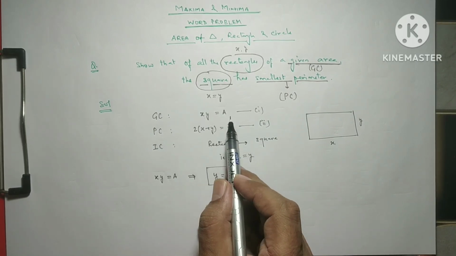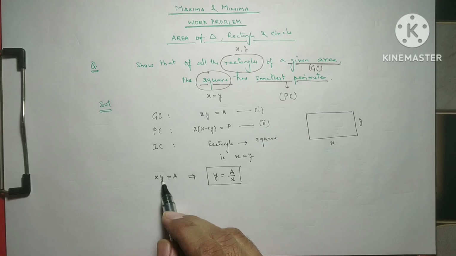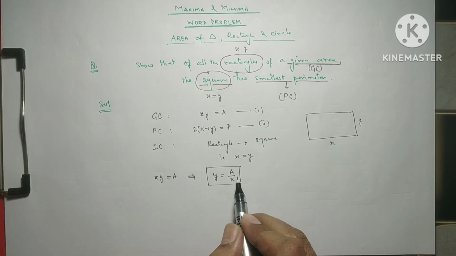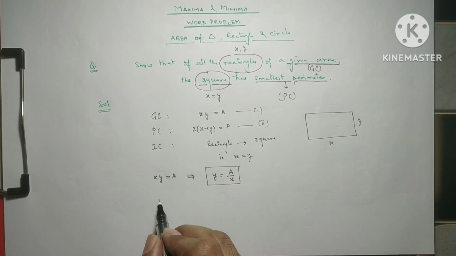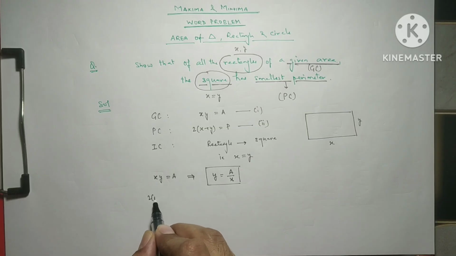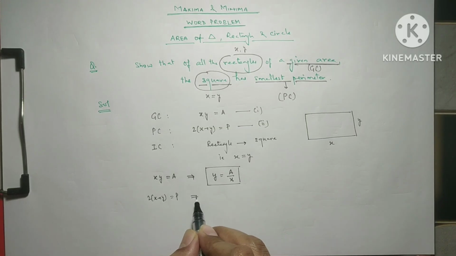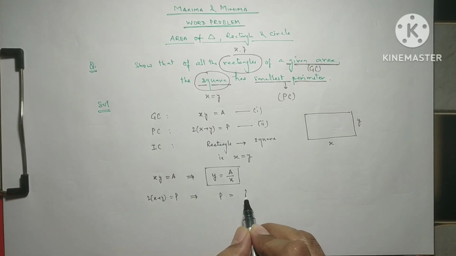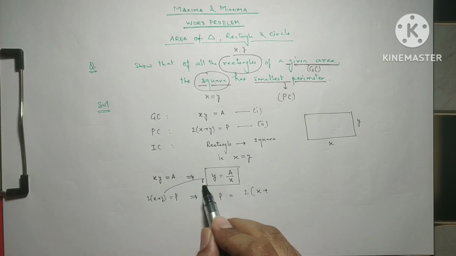So this is the given condition, xy equals a, in two variables, so we collect the value of y in terms of x. The proving condition is the perimeter. So perimeter is twice x plus y, equals p. So p equals twice x plus, and we put the value of y.